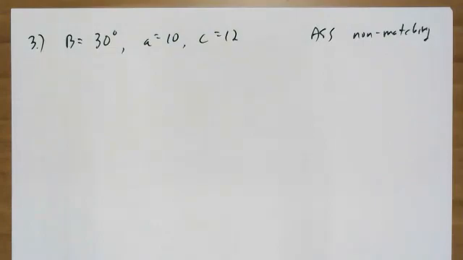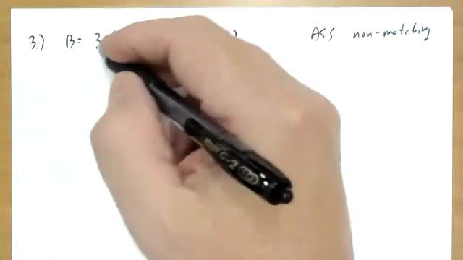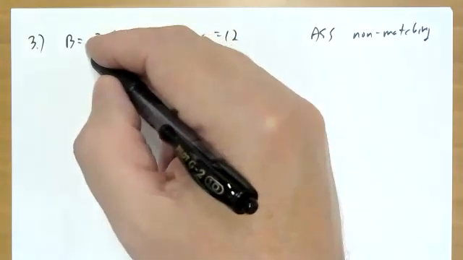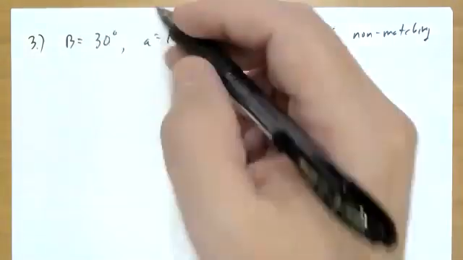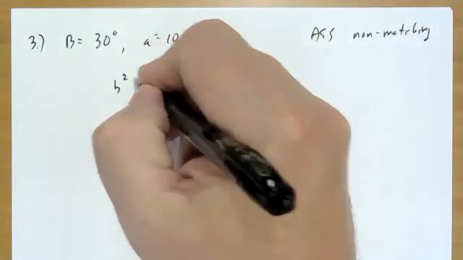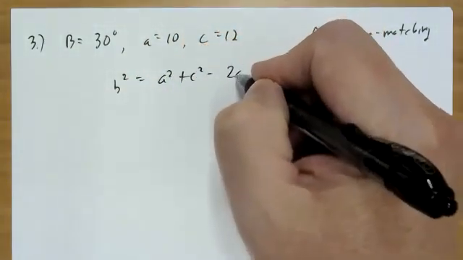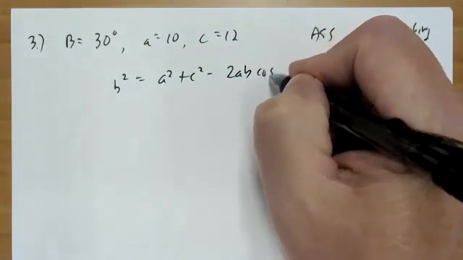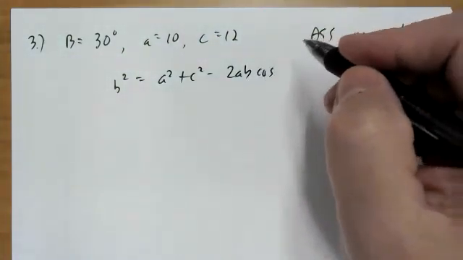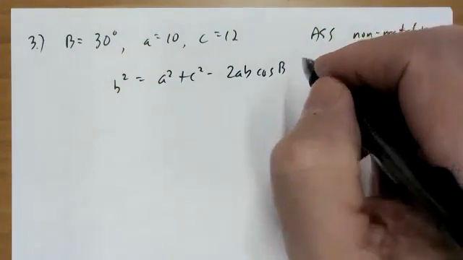So I have to use law of cosines. So I'm using law of cosines that involves the angle B. So it's B squared equals A squared plus C squared minus 2AC times the cosine of B.